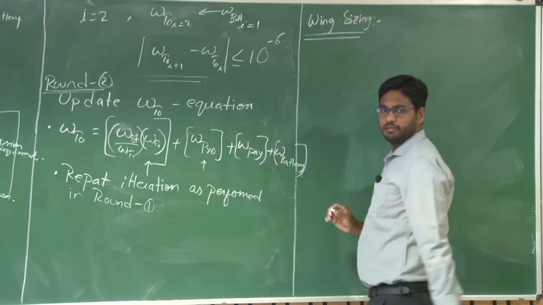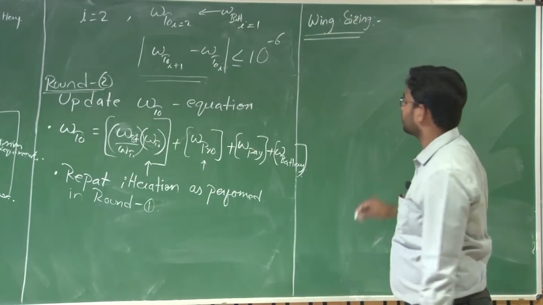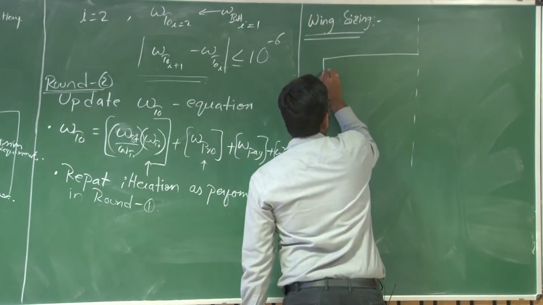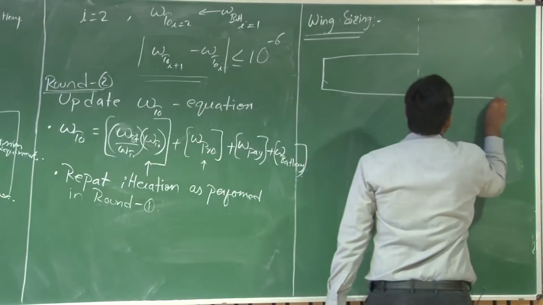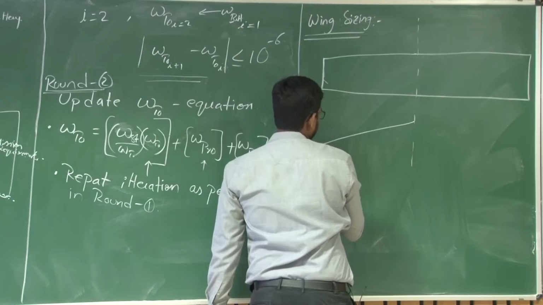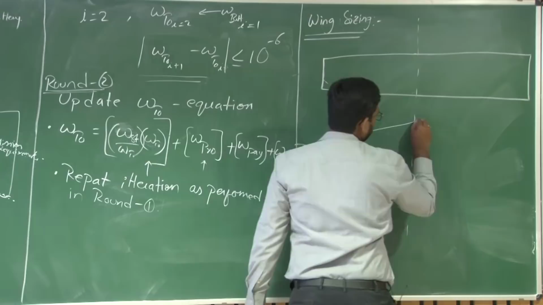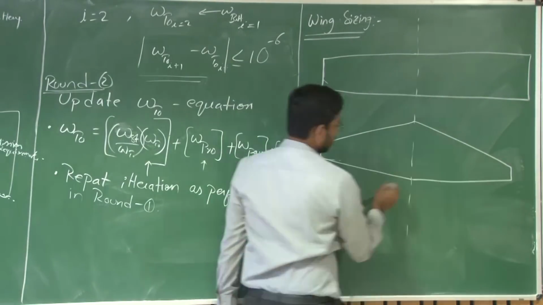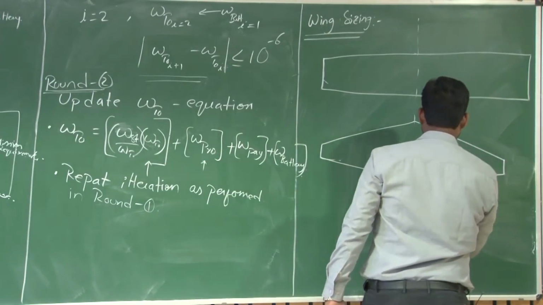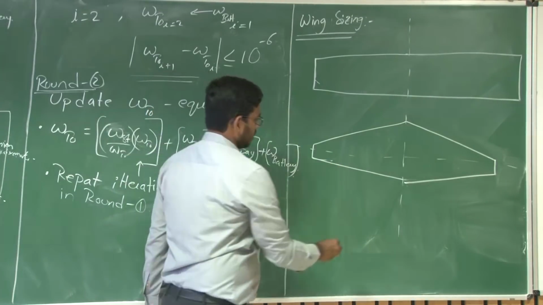So what are the wing parameters in the first place? We discussed some of the planform parameters, right? So you can have a rectangular wing, you can have a tapered wing, tapered about the midpoints of the chord, right?